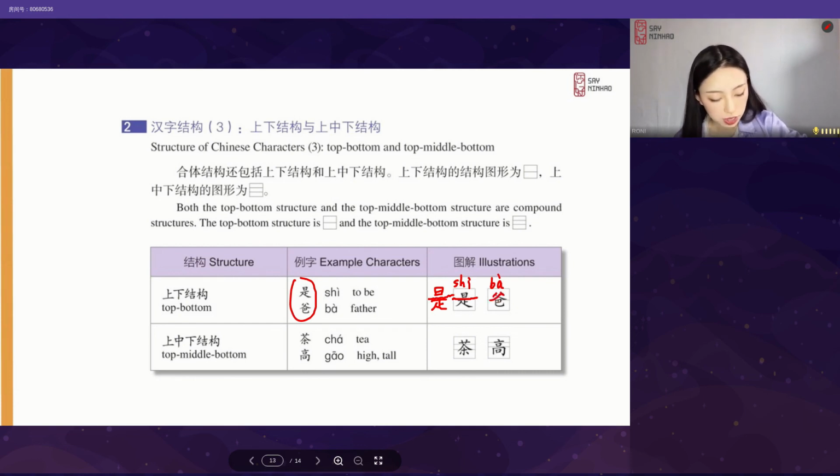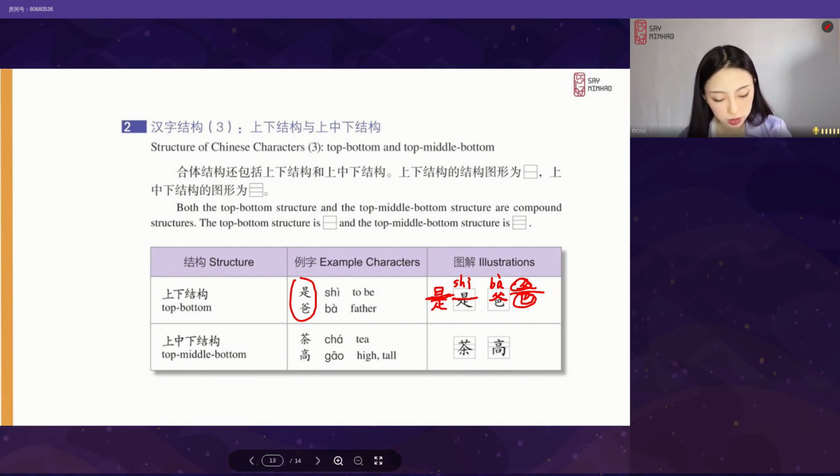We can separate it from this part. In the top is this, and in the bottom is this part. There are no other gaps in between, so we cannot separate these into more parts. Okay, this is about the top-bottom structure.